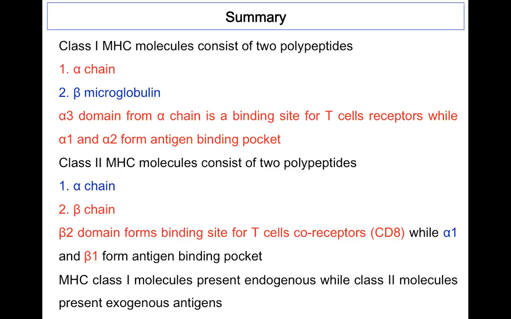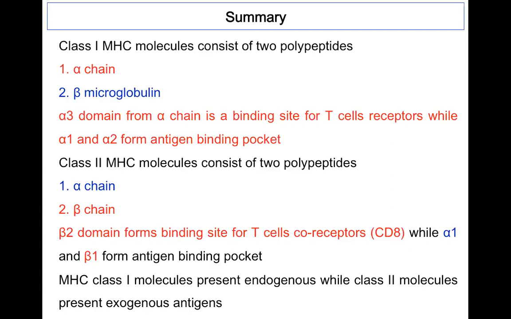The class 2 MHC molecule also consists of two polypeptides, but the difference is that it has an alpha chain and a beta chain. The beta 2 domain forms a binding site for T cell co-receptors like CD8, while alpha 1 and beta 1 form the antigen binding pocket.